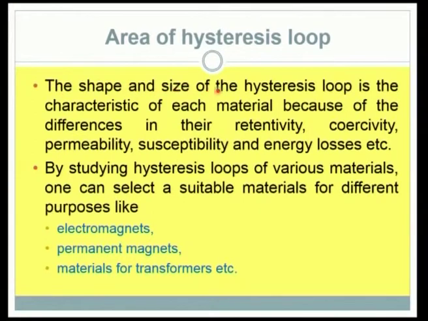The shape and size of the hysteresis loop is the characteristic of each material because of the differences in their retentivity, coercivity, permeability and susceptibility and energy losses, etc. By studying hysteresis loops of various materials, one can select a suitable material for different purposes like design of electromagnets, designing of permanent magnets, and also materials for transformers, the cores of transformers.